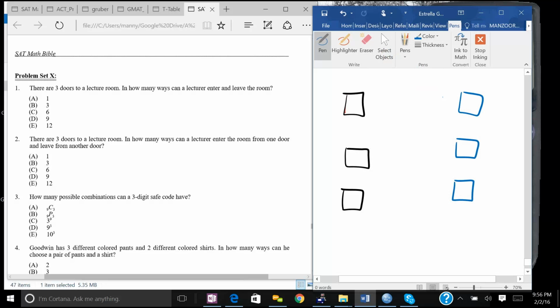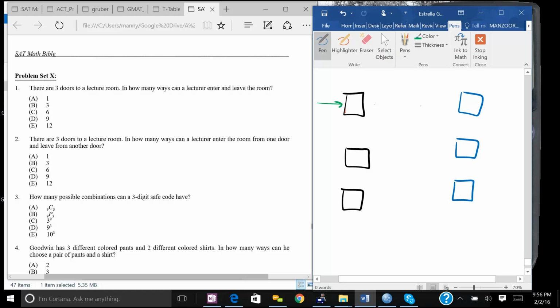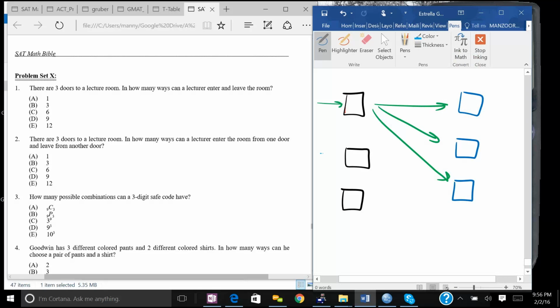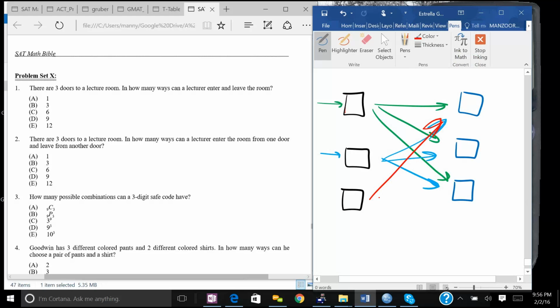What I do is I go to the first door, and then go to this, this, and this. Or I could go to the second door. See that? Each one has 3 possibilities, so it's 9. Exactly. So this is how you can take it.